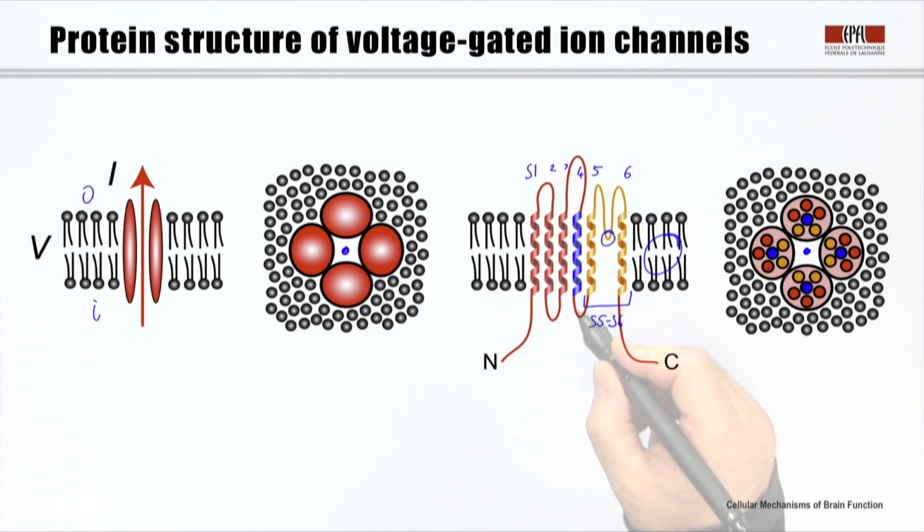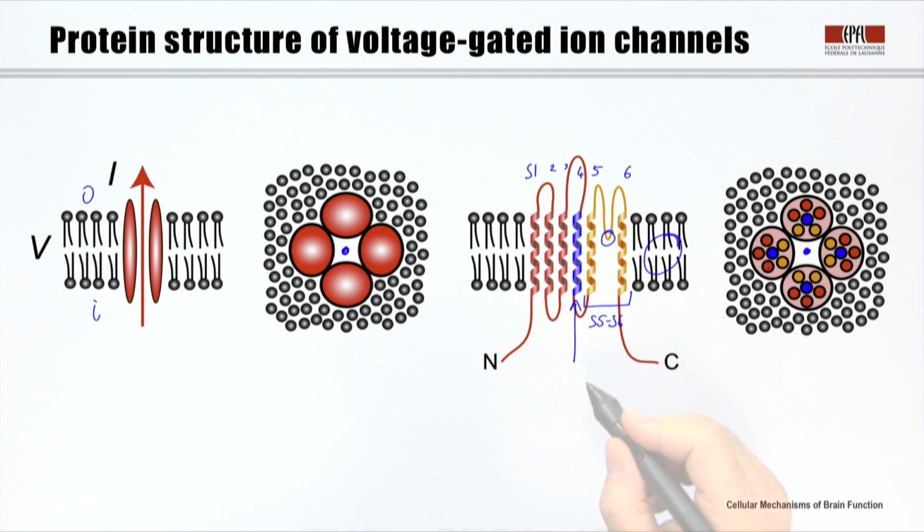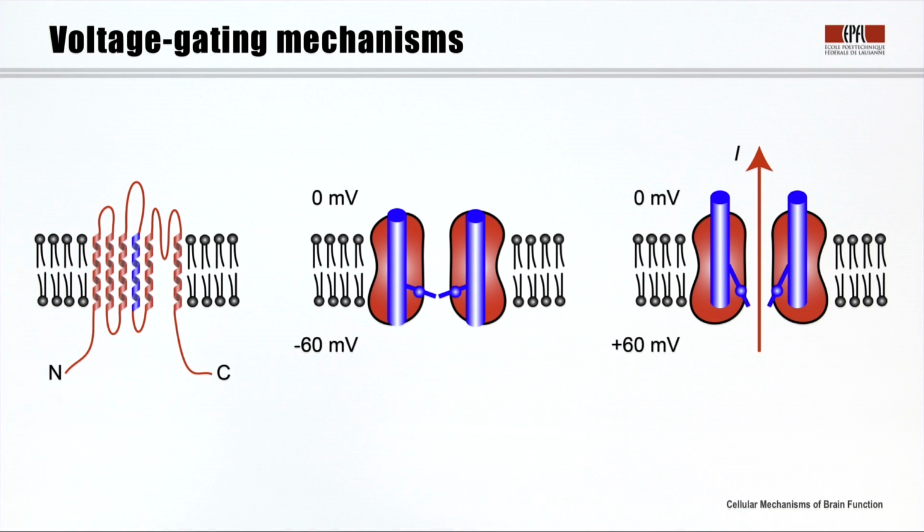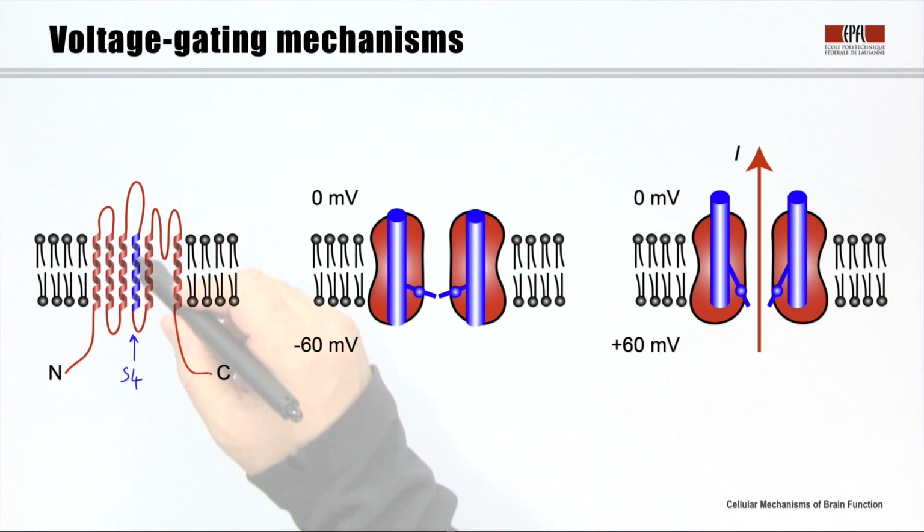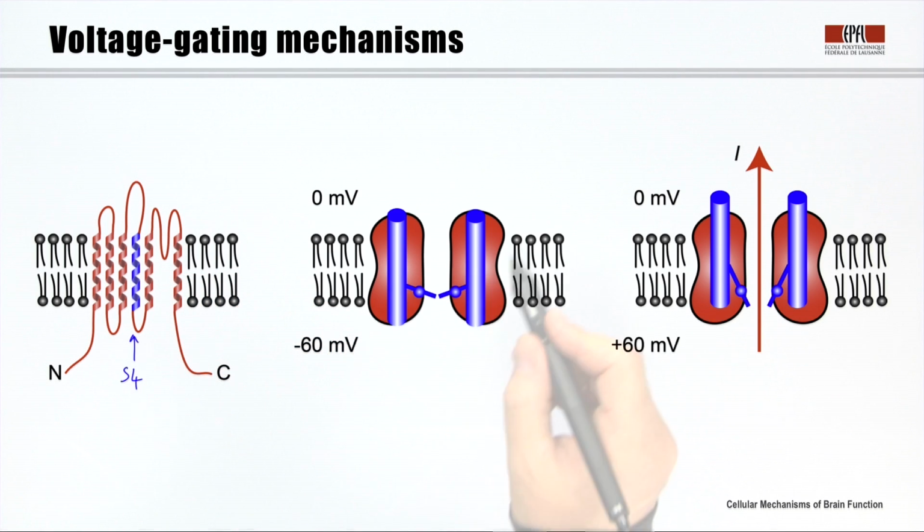And here, colored in blue, is a special part of the ion channel for voltage gating, the so-called S4 voltage sensing region. The S4 voltage sensing domain that you see again here in blue is interesting and forms a sort of unit that can move and is relatively mobile within the structure of the ion channel.